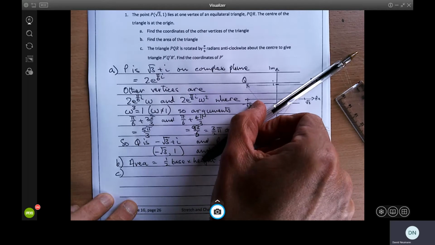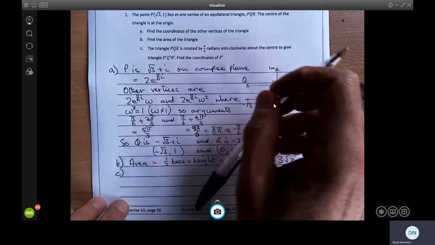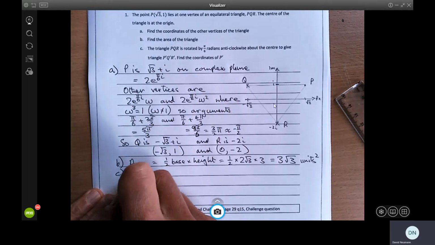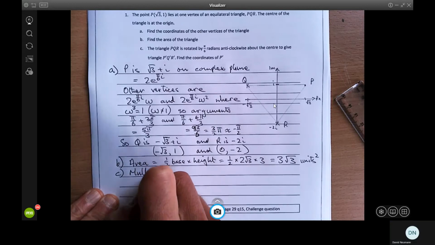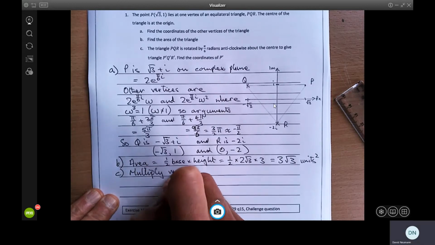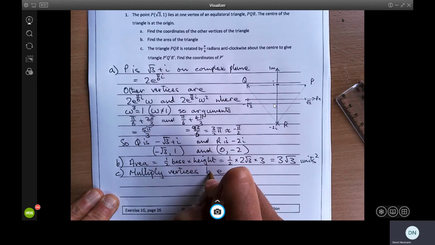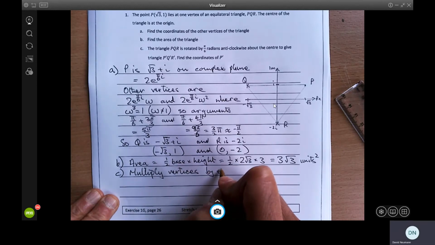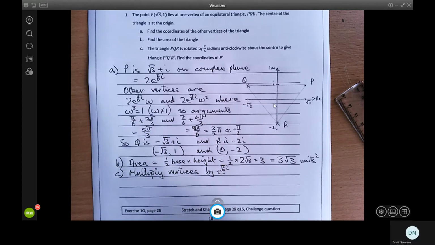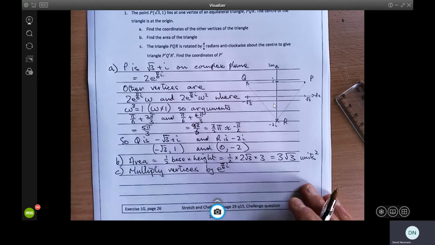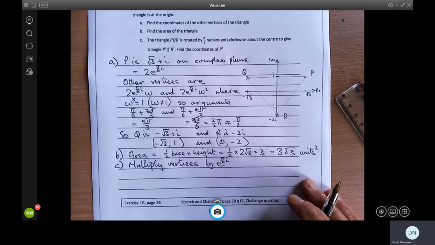If you multiply, you're going to be going this way, that's anti-clockwise. So multiply vertices by e to the pi over 6i. Okay, that's the pi over 6 radians.